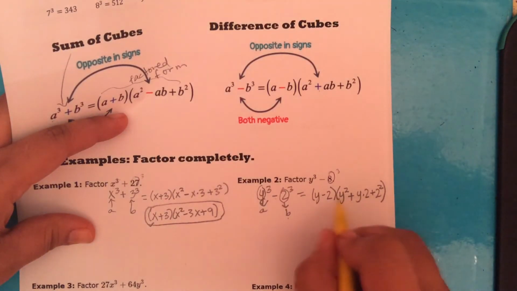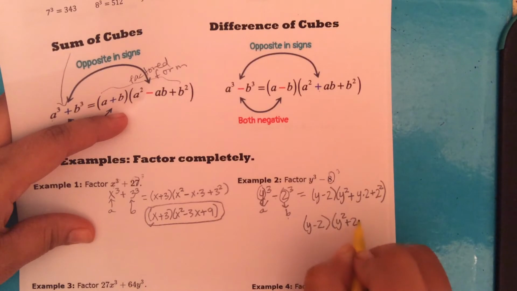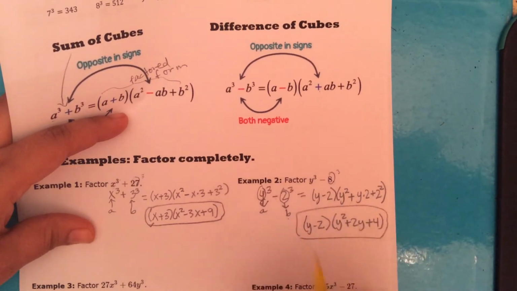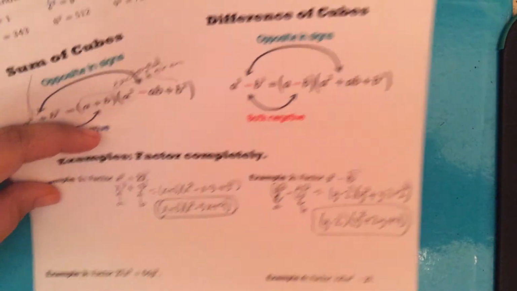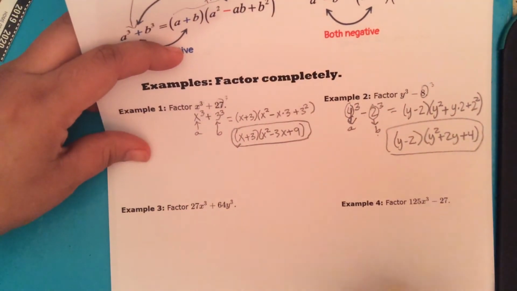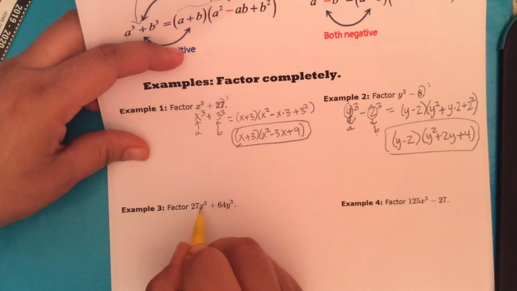Okay, so now we're going to clean this up. So that's going to be y minus 2, y squared plus 2y plus 4. That's your factored form.